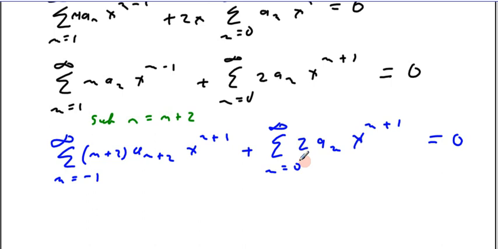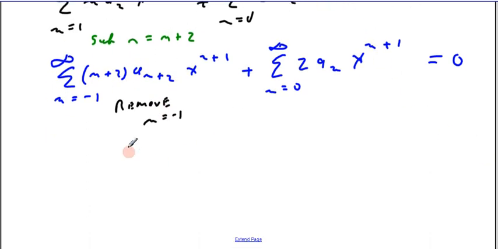And then I say, well, I go 0 to infinity here, minus 1 to infinity there. That's inconvenient. So I'm going to remove the n equal to minus 1 term from that summation. Okay, so that's what I'm going to do. And so I'm going to have n is minus 1. So this becomes a 1. N is minus 1. So I have a n x to the 0 plus summation n equal to 0 to infinity.